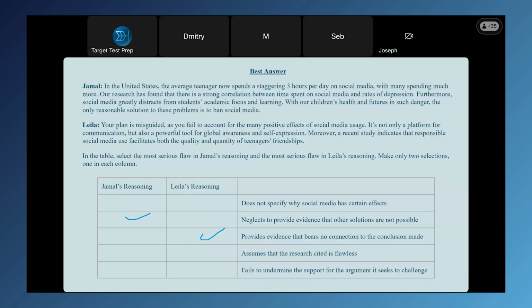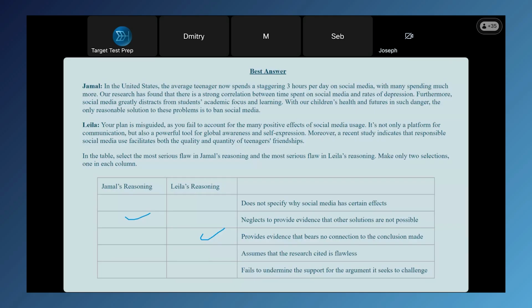It's research used as evidence, but he's not saying it's flawless. But even if he did assume that, because of CR rules, we are taking the research as 100% the case, so not really a logical flaw. And he fails to undermine the support for the argument it seeks to challenge. That one doesn't apply to Jamal because he is not challenging an argument.